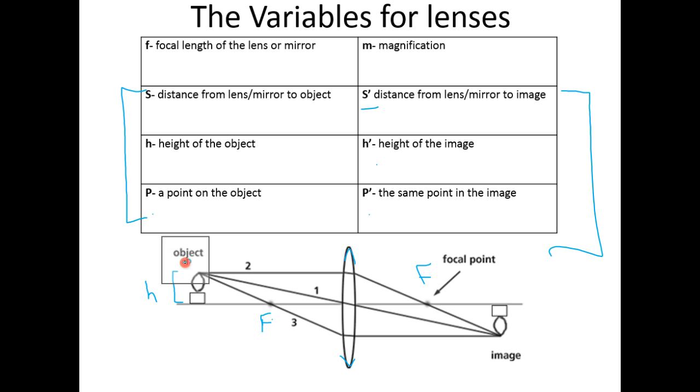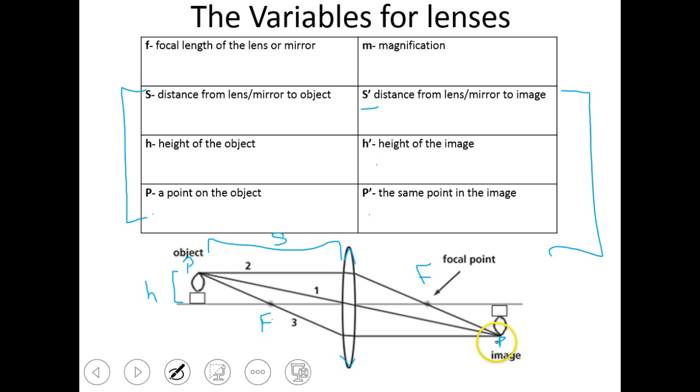It's got a point p from which these rays are emanating, and it itself is a distance s from the lens. I have the same point, p prime, down here, so the top of the candle actually forms an image kind of upside down over here. This image distance, from the lens to the image, is s prime, and the height of this image is h prime. And that gives you your visual.